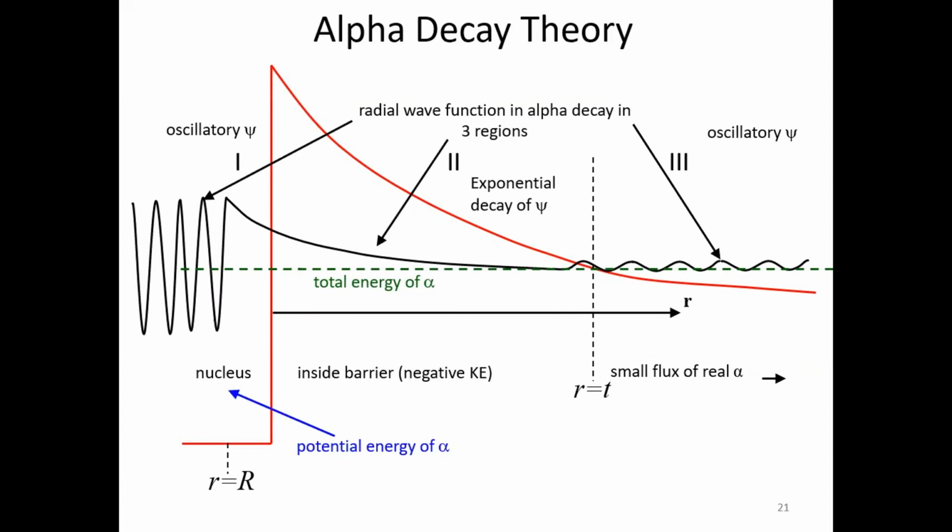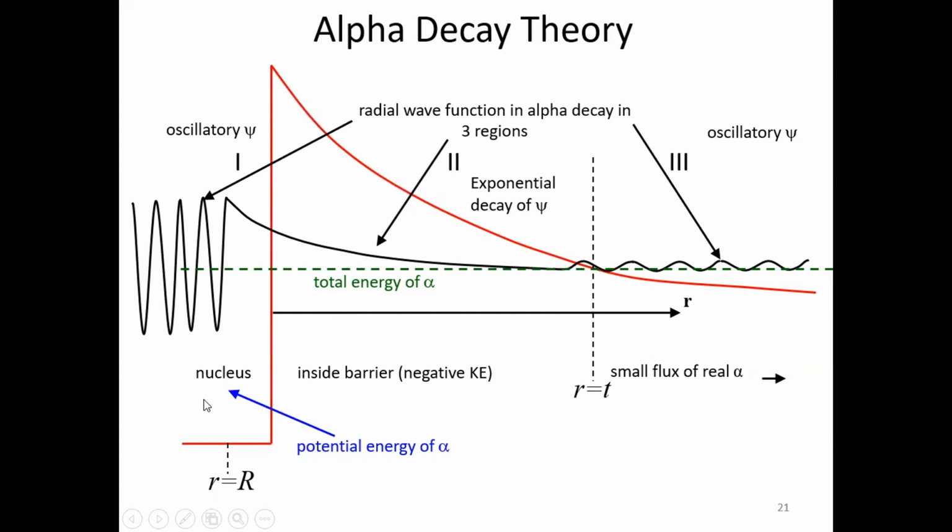So, all in all, we can sum up the alpha decay theory as this diagram clearly indicates: we have a nuclear potential well and the Coulomb barrier.